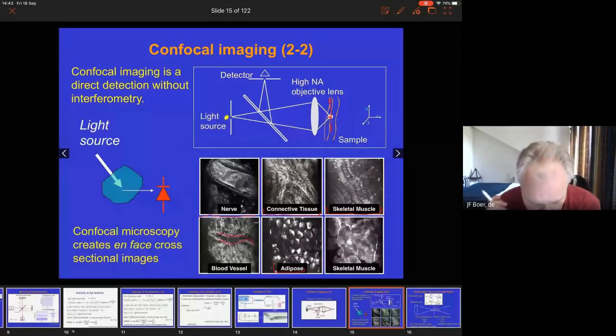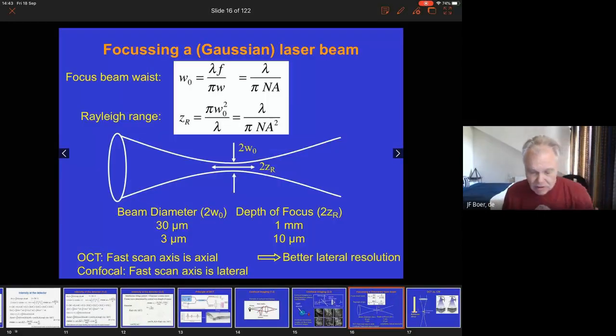So the principle of confocal microscopy is based on this pinhole that rejects light. If we want to have a very accurate resolution in depth, we need a focus that is very sharp. And what do I mean by that? I can image my sample with two different beams. This is one beam, a Gaussian beam.